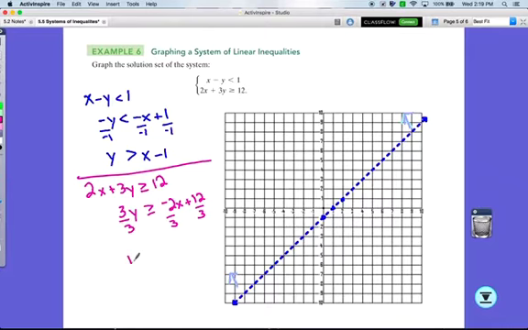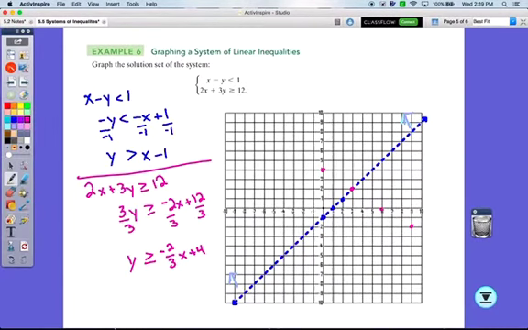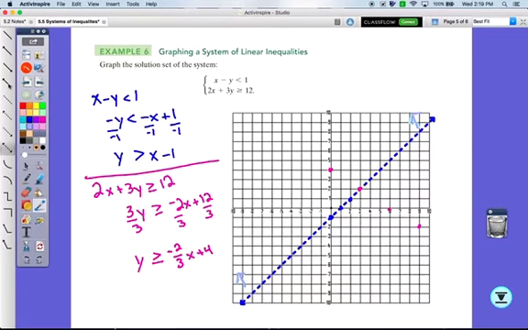That gives me y greater than or equal to, I did not have to flip because I did not divide by a negative, negative 2/3 x plus 4. So I find 4 for my y-intercept, and then down 2 over 3, down 2 over 3. It's going to be a solid line because I have the "or equal to."